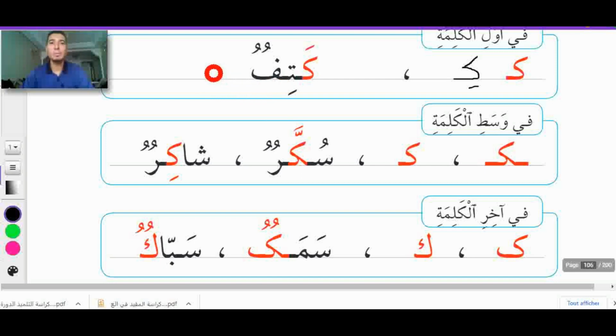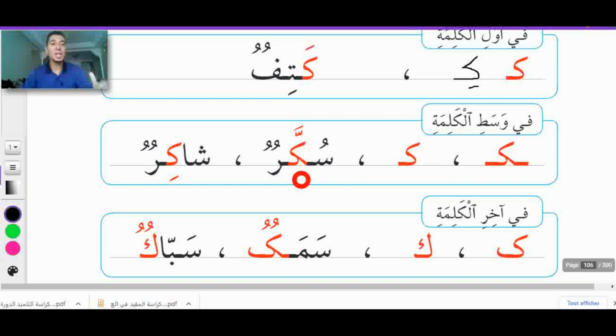And we have here كتف, which is a shoulder. كتف. We have سكر, and the حرف الكاف here is in the middle. سكر, sugar.